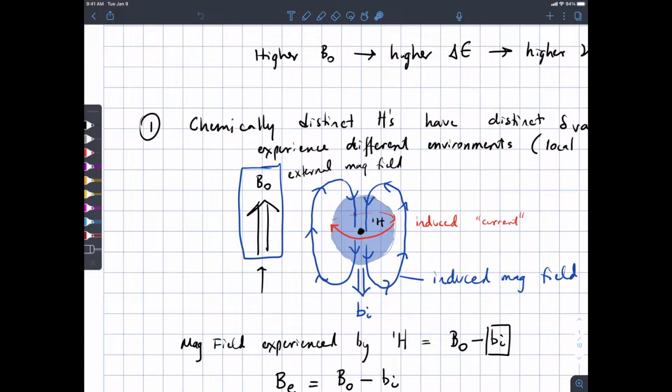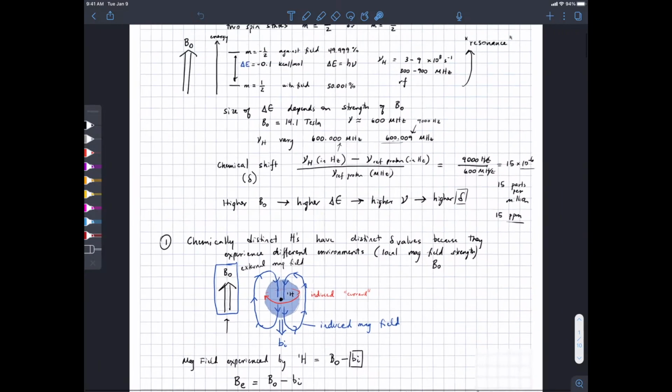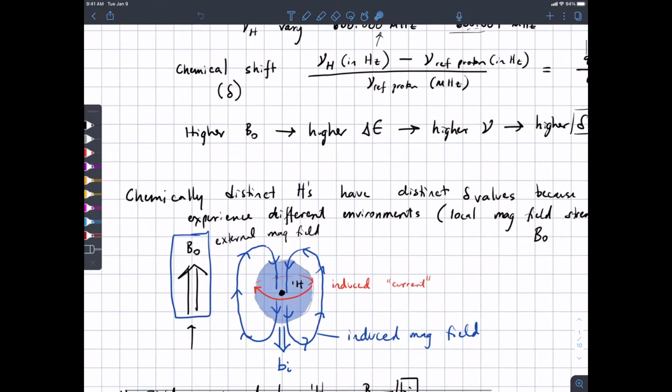The thing that's doing the shielding is the nearby electrons, and the reason they're doing the shielding is because of the external magnetic field, which you apply. The external magnetic field is what the instrument does. There's a supercooled electromagnet that creates a strong field worth X number of Teslas, and that causes electron motion that opposes the magnetic field.